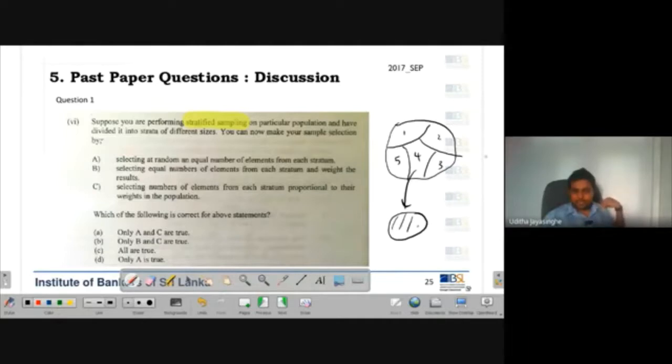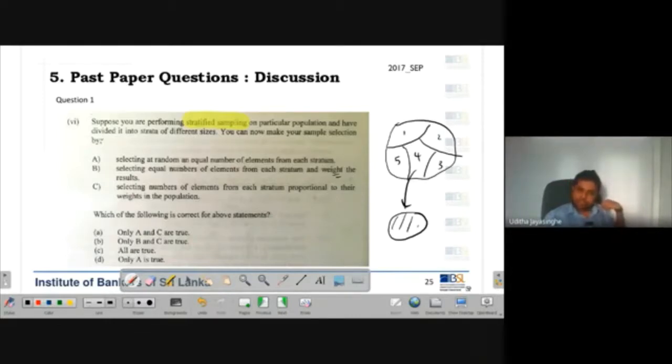Selecting an equal number of elements from each stratum and then weighting the results. Once you do the weighting, that is going to give you the perfect stratification. Isn't that so? If you have some sort of bias being created, this is going to move into quota sampling, not stratified. Look at answer C: select a number of elements from each stratum proportionate to their weights in the population.